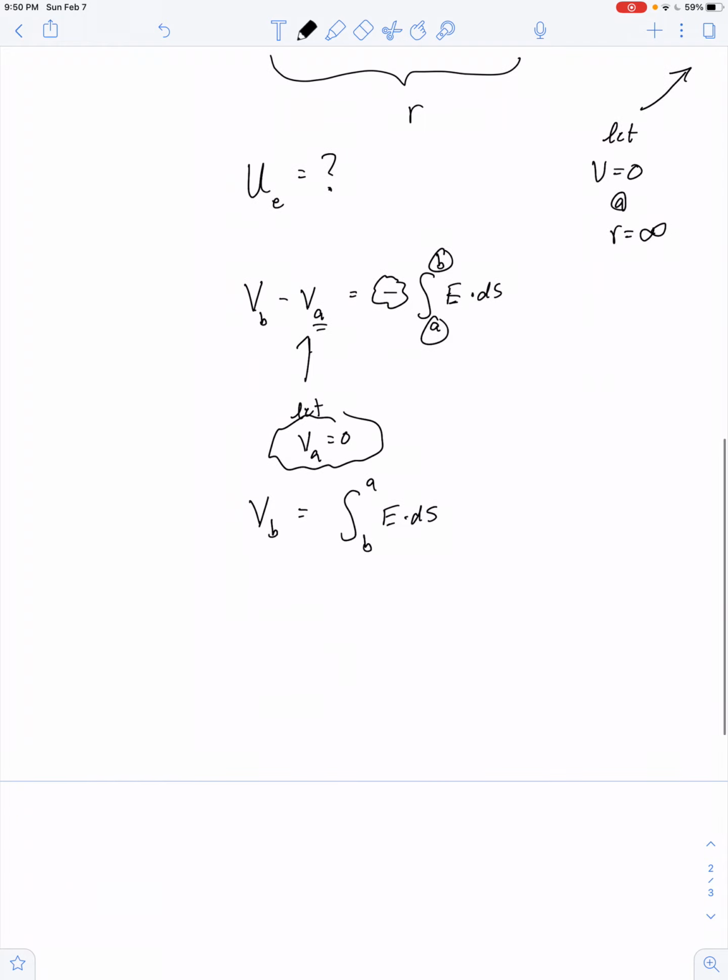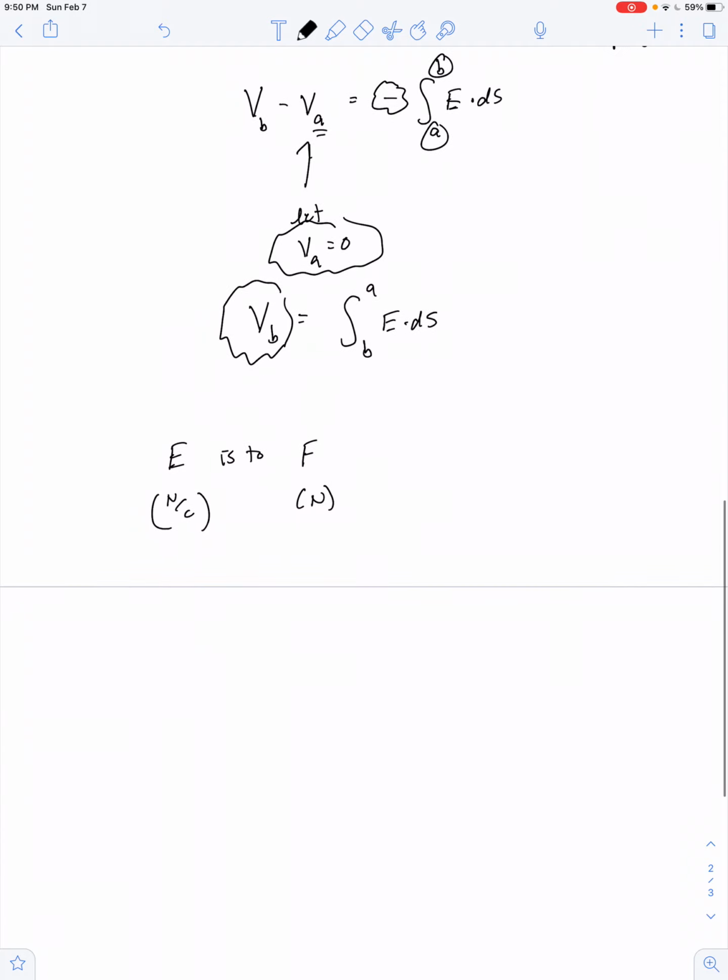Well, anyway, the whole point of calculating values of electric potential is so that we can find values of electric potential energy. Just as electric field is measured in newtons per coulomb and force is measured in newtons, in other words, electric field is to force what electric potential is to electric potential energy.